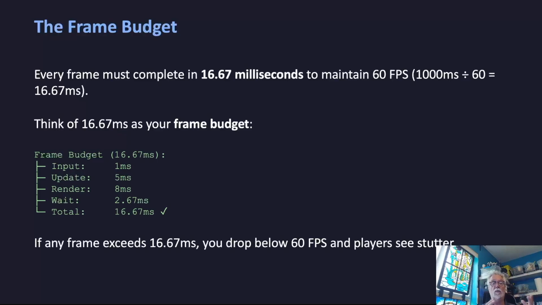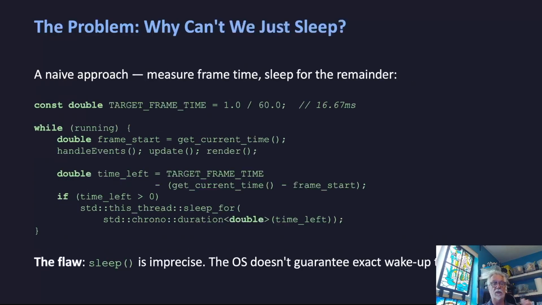So why do we do this like this? How do we implement it? The way that we implement it is we get the current time. We basically say, okay, what is the time right now? Then I handle the events. I run my update, which executes all of our systems, the ones that we're going to build throughout this course, and then we render.